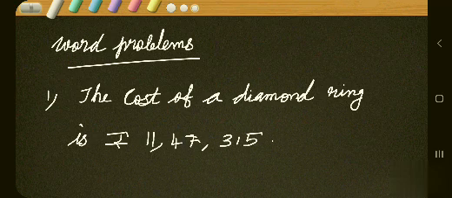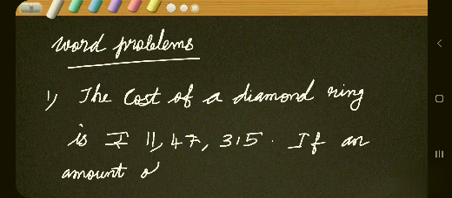This is the cost. If an amount of 12 lakh is paid to the shop, if an amount of rupees 12,000.